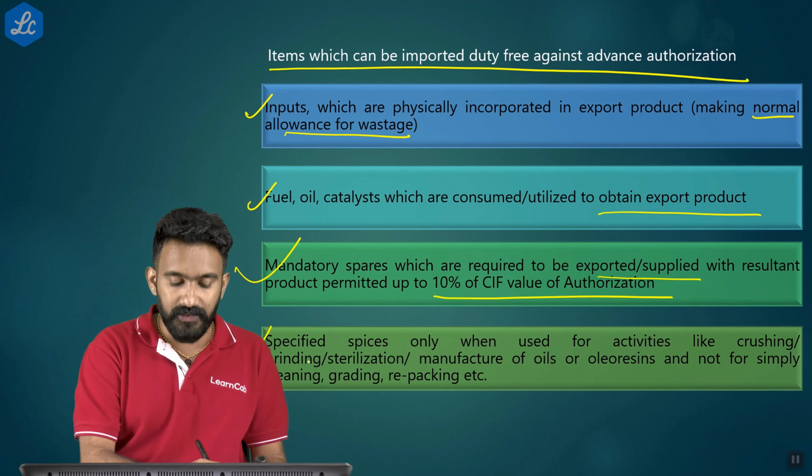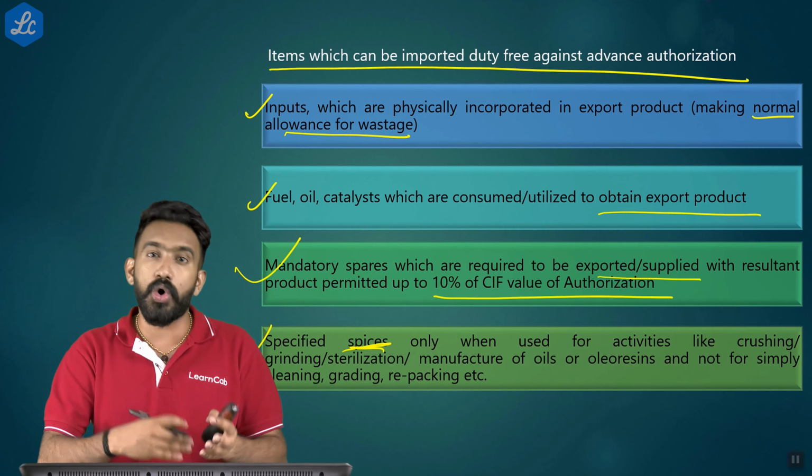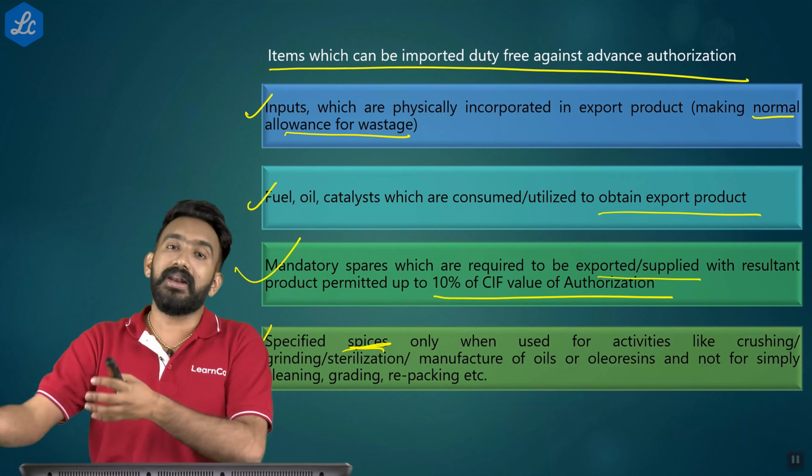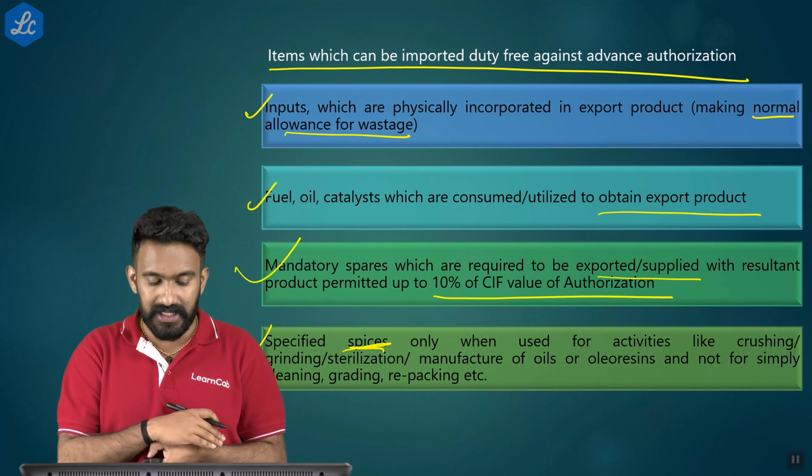Now there could be specified spices which can be allowed when they are used for activities which are more of a manufacturing activity, not just for the purpose of packing, grading, cleaning and all that.